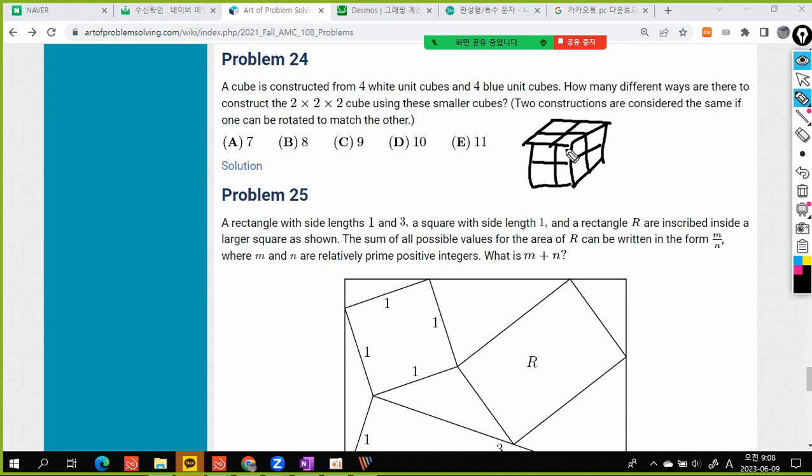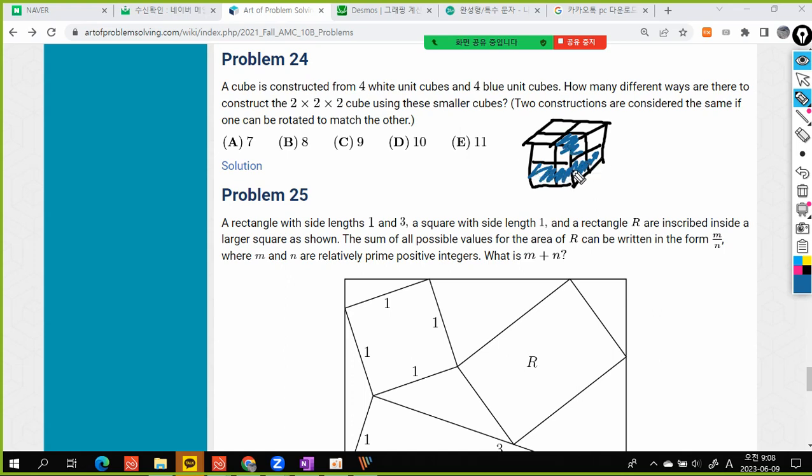Three blue at the bottom and one blue at the top. How many cases are possible? How can you visualize this? One possibility is like this: these three are blue and one on top is like this.